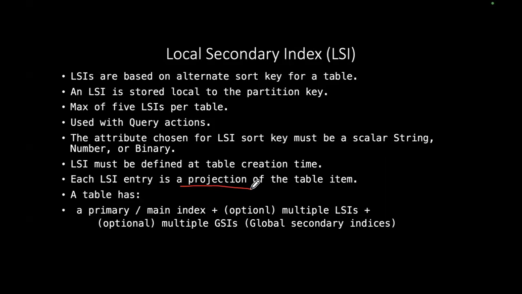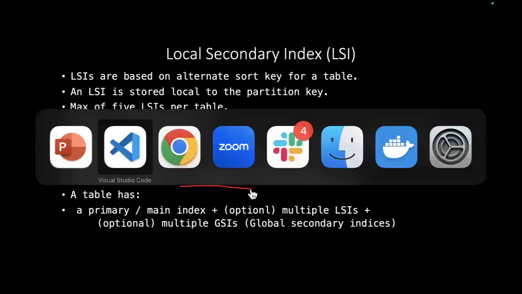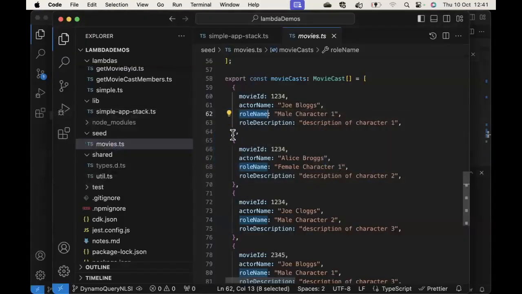And unless you tell it otherwise, that projection is a copy of all of the attributes for all of the items in that table. So if you don't tell it about the projection part of your LSI definition, which I didn't in the small bit of CDK code that I showed you there. In other words, back to, sorry, here.